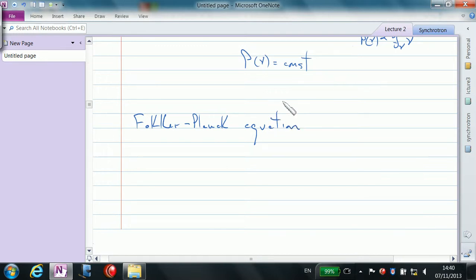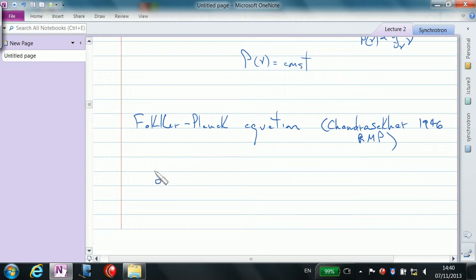If you want to see a rigorous definition, Chandrasekhar in 1946, I think it's in Reviews of Modern Physics. He wrote a review article, very rigorously deriving the Fokker-Planck. You could probably get it on Wikipedia too.